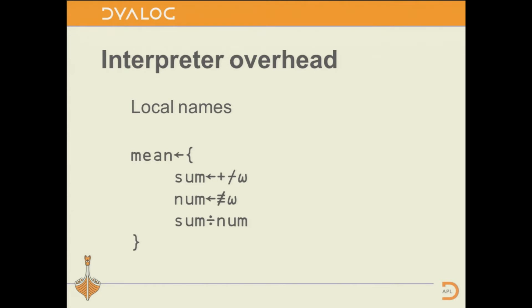Another one, most of this talk is going to be focusing on dfns. And this is something particular about dfns. You're encouraged to write dfns like this with lots of, you know, local assignments. All the names you assign to are implicitly localized. And that's a very nice model to work with. But unfortunately, again, that's something that takes a little bit of parsing time up.